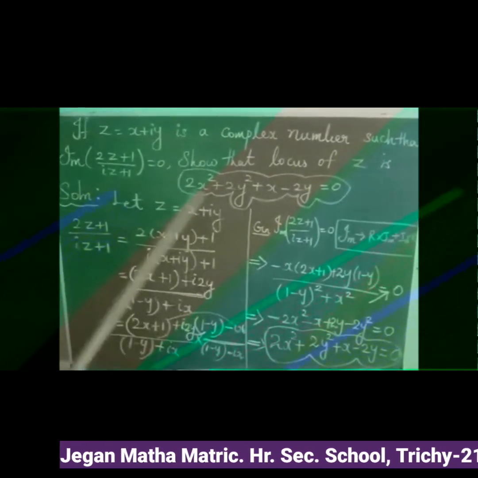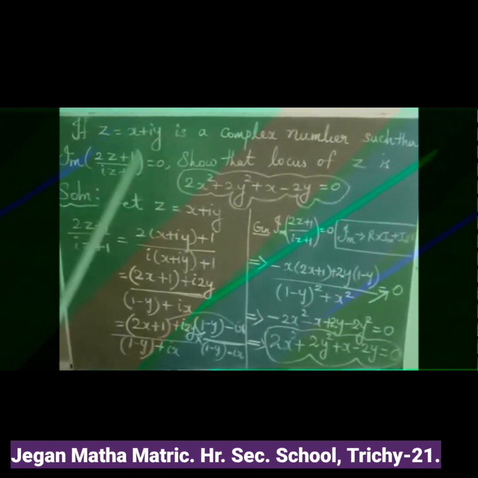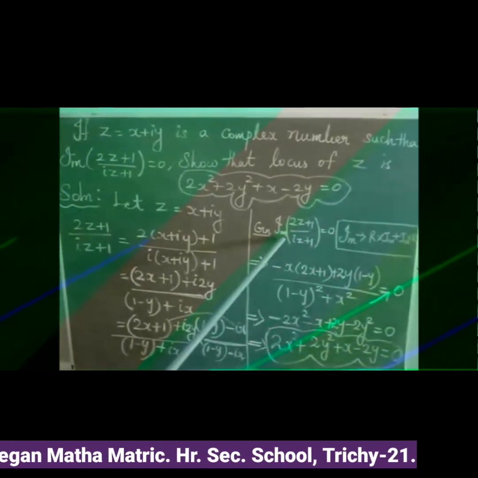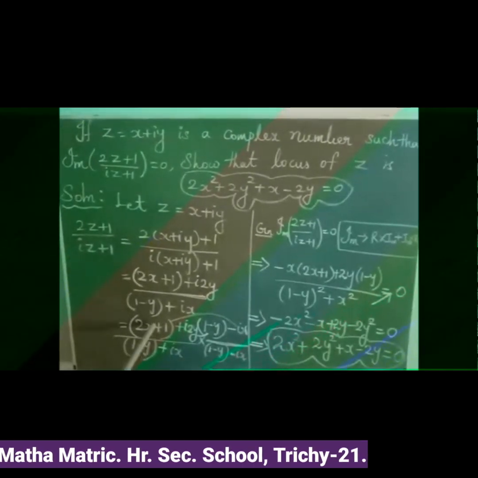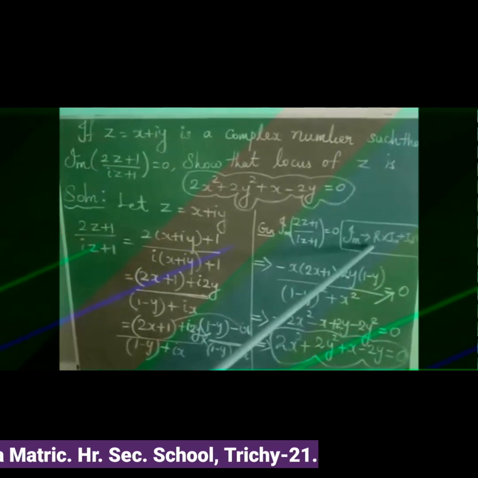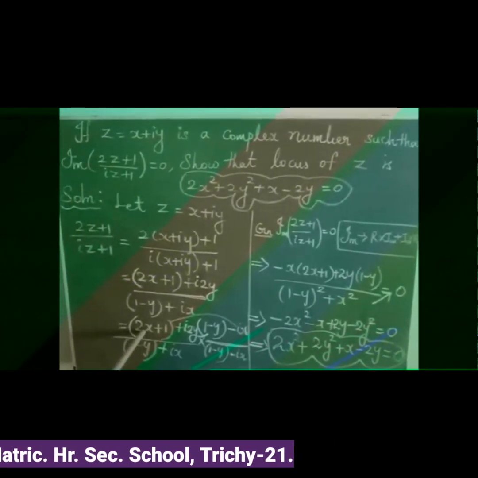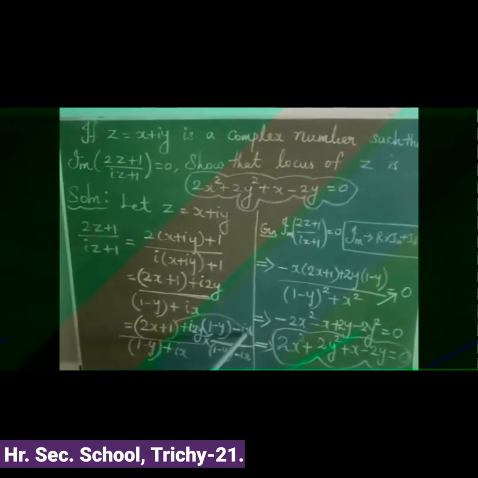Then what is given in the question? Imaginary part of this is equal to 0. So since we want to find out the imaginary part, no need to multiply the full values. How to find out the imaginary? Real part in the first expression and imaginary part in the second expression.